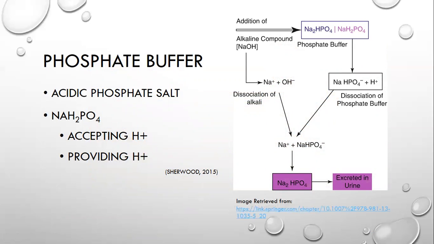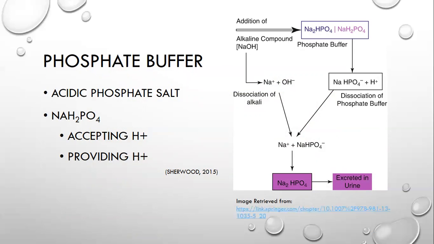So the last buffer system that we will discuss is the phosphate buffer system. This buffer system is made up of acidic phosphate salt, NaH2PO4. This acidic phosphate salt can provide additional hydrogen ions when hydrogen ions are low, and it can also accept hydrogen ions when hydrogen ions are too high in the body fluid.